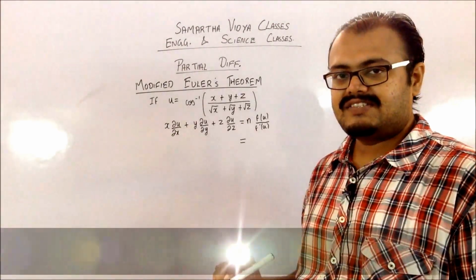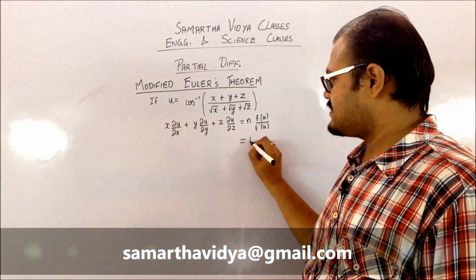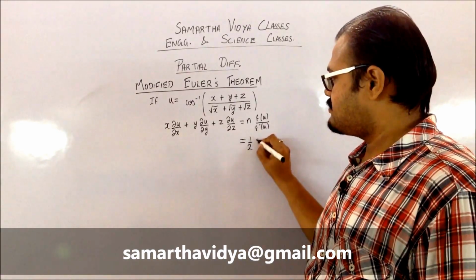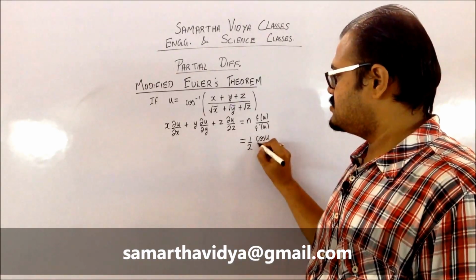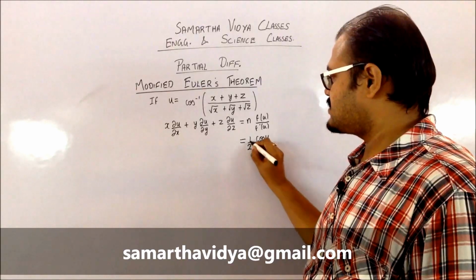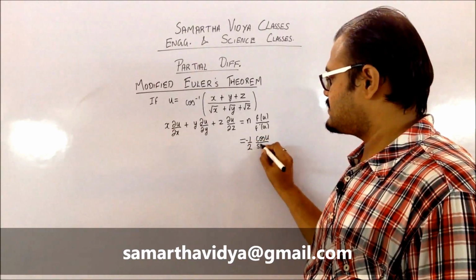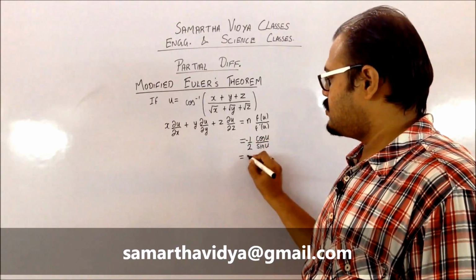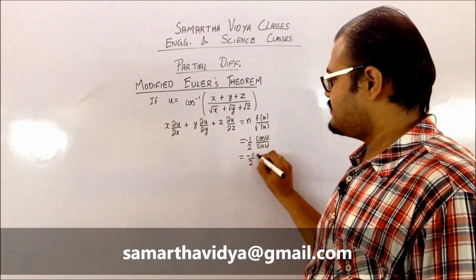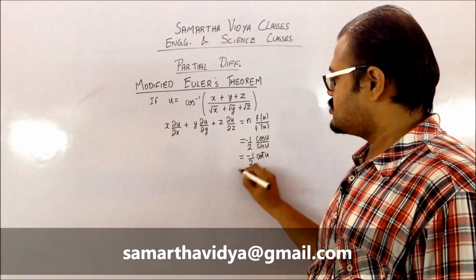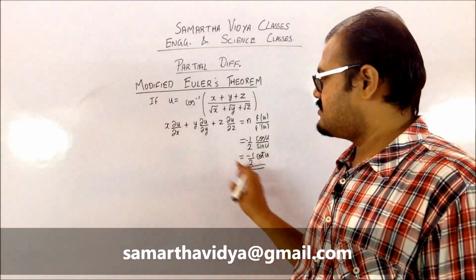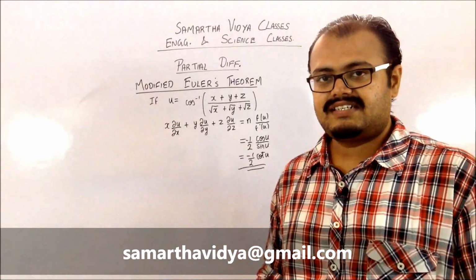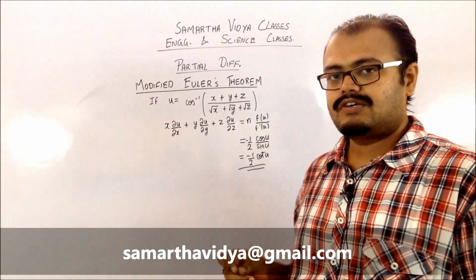So after substituting the values, n is half, your function was cos u, and your derivative of the function is minus sin u. You already know what cos by sin is, which is cot u. So you have got the addition of these particular terms as minus half cot u.